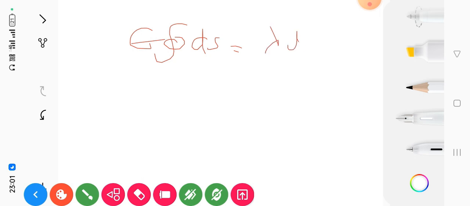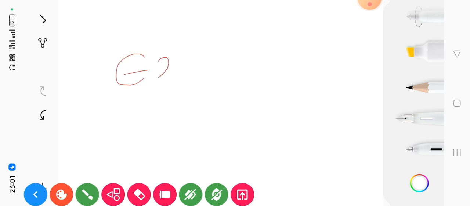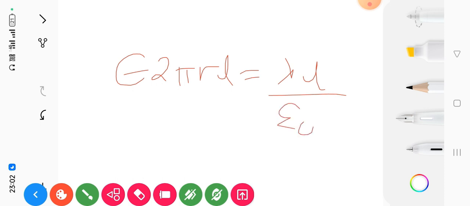So E times 2 pi RL is equal to lambda L upon epsilon naught. So L cancels out, and we have the final expression. In terms of magnitude, E equals lambda upon 2 pi epsilon naught R.